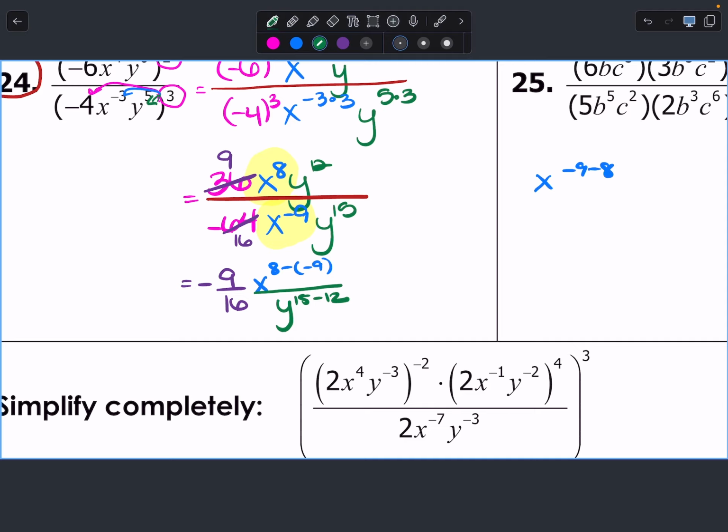I move in the direction where I keep my largest exponent where it is. Right, so if I have 8 is bigger than negative 9, I'm moving my negative 9. 15 is bigger than 12, so I'm moving my 12 to where my 15 is. All right, so I get negative 9x to the 17 over 16y cubed.